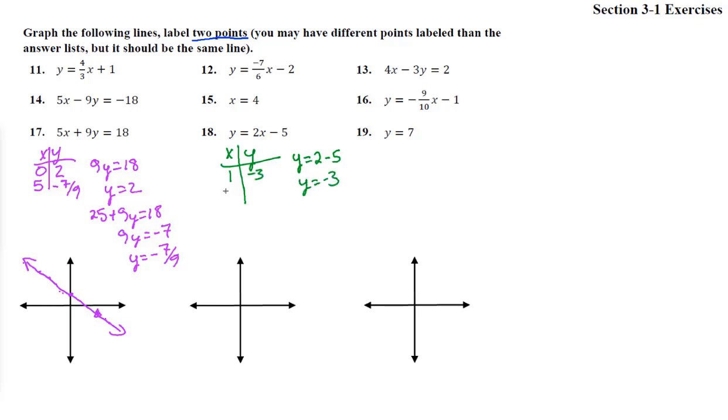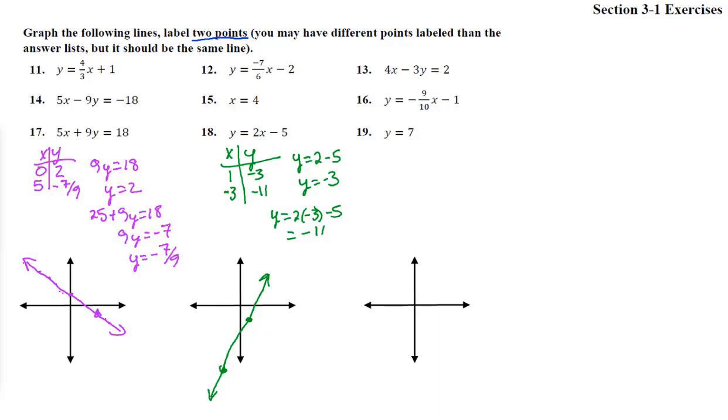Let's do something like x equals a -3. y equals 2 times a -3 minus 5. That's -6 minus 5 is a -11. So (1, -3) is probably about right there, and then (-3, -11) is like right down there. So there we go. Close. Okay, so it's kind of a steep guy there.